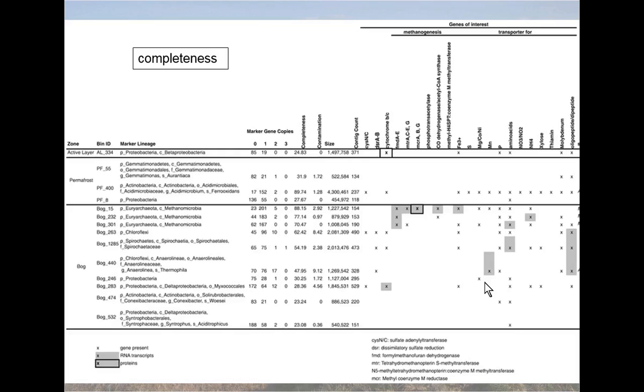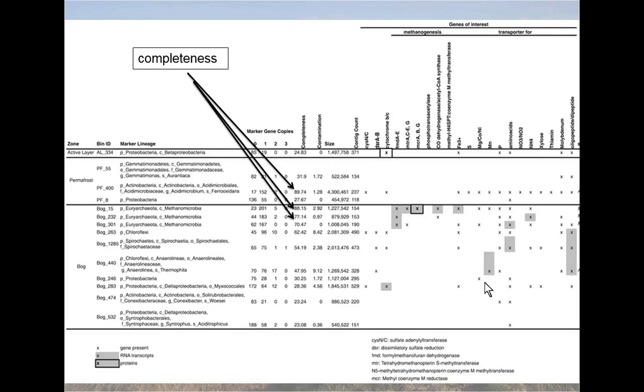This is really small, so you cannot really see it, but this just shows some results from CheckM. Here is the active layer sample, and here are the marker gene copies, and then completeness and contamination. And here is permafrost, the 3 draft genomes, and here are the 10 bog draft genomes.